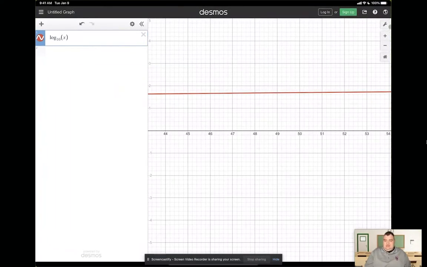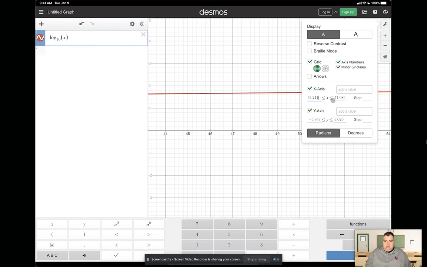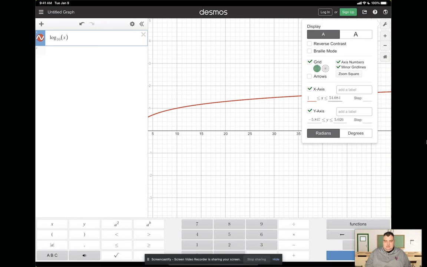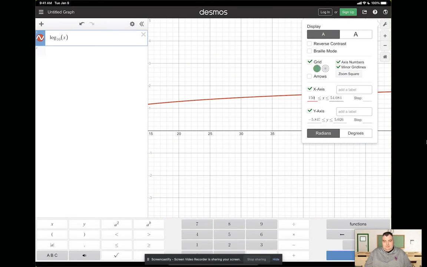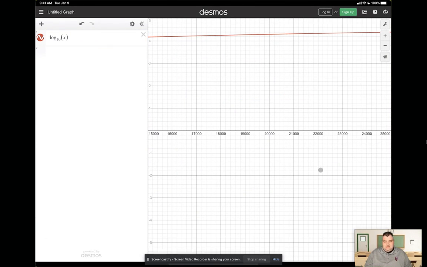So let's go back to the graph. We need to get to 20,000. So I'm going to go to the wrench and change my x-axis settings. Let's go from 15,000 to 25,000. So 20,000 is going to be right here.